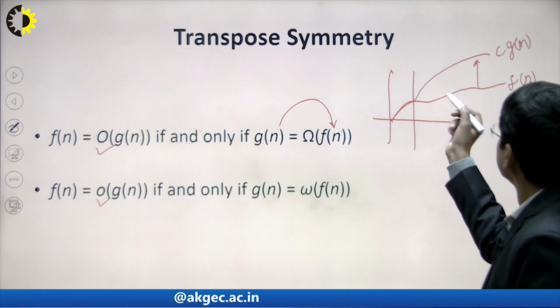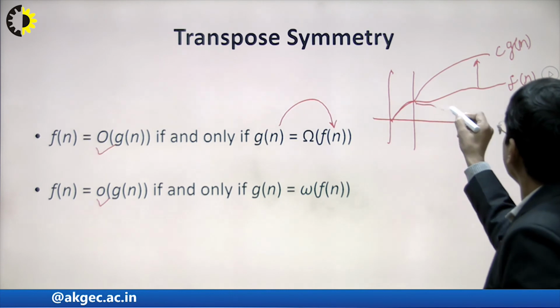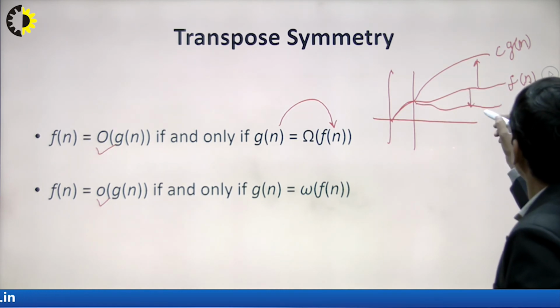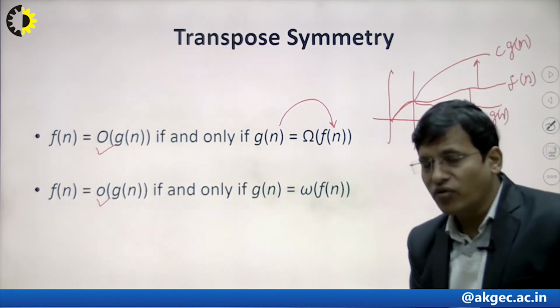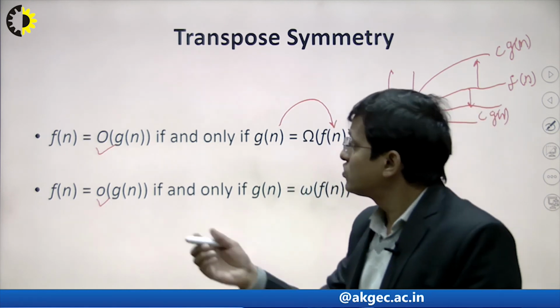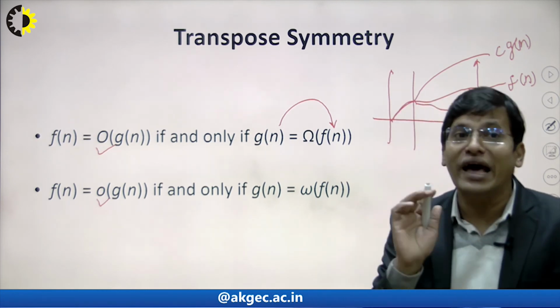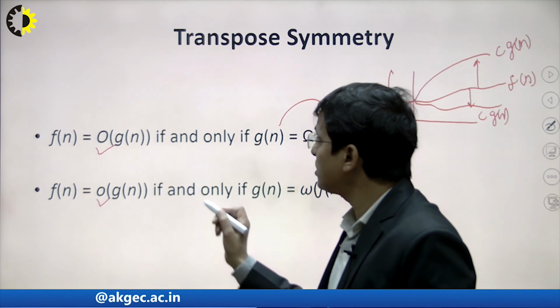So something like this, so f of n maybe reaches from the c of g of n. So that is the one from the lower bound we are considering and one for the upper bound, right. So this is the upper bound and this is the lower bound, so in between the function will lie in this case. So that's why the transpose symmetry is coming in this picture, right.